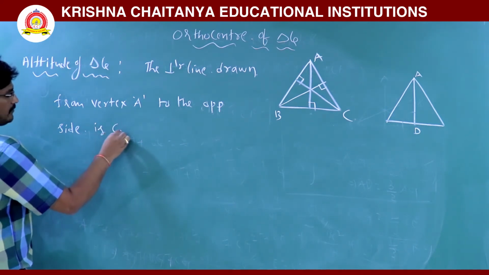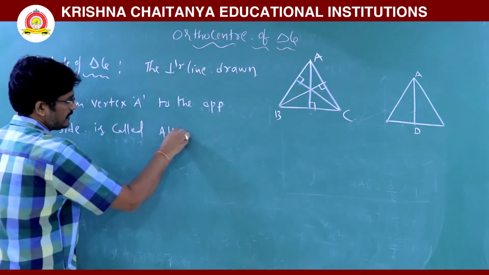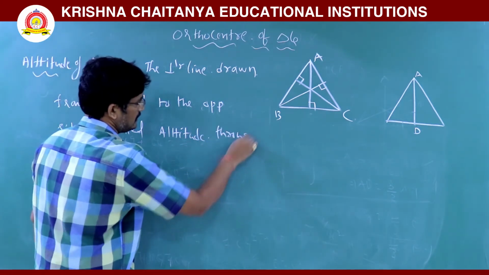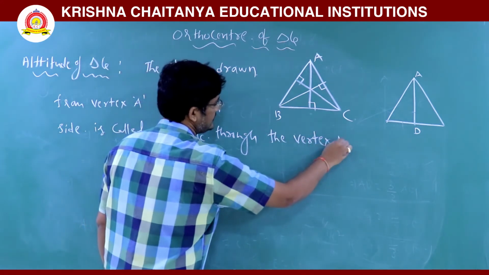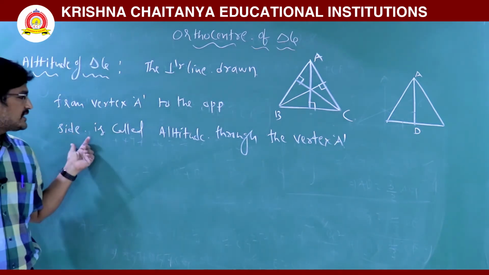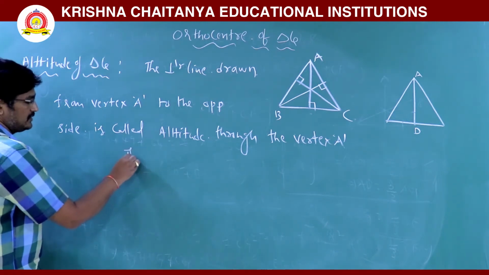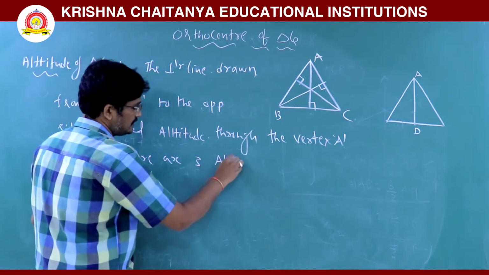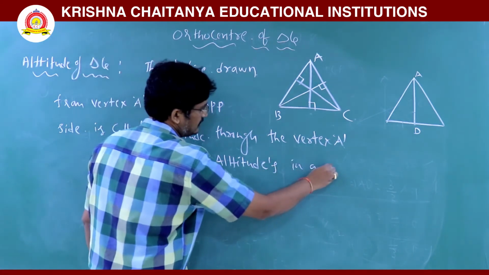It is called the altitude through the vertex A. This is the definition of altitude: the perpendicular drawn from the vertex A to the opposite side is called the altitude to the vertex A. So there are three altitudes in a triangle.